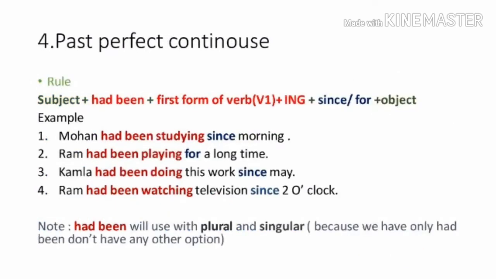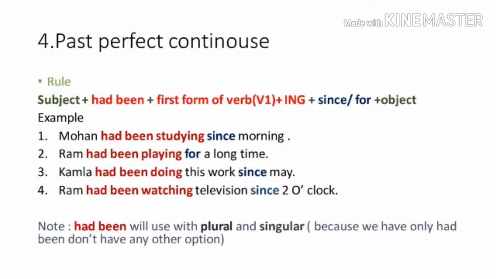Okay, past perfect continuous, which is the last form of past tense. Can you tell me when we use past perfect continuous? Okay, let me tell you guys. Past perfect continuous shows that an action that started in the past continued up until another time in the past, and the rule of it is subject plus had been plus first form of verb with ing plus since or for plus object.